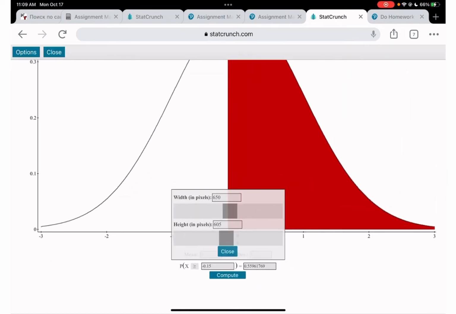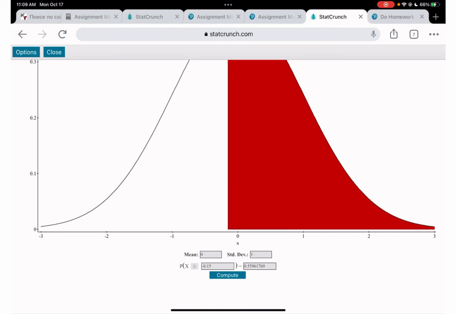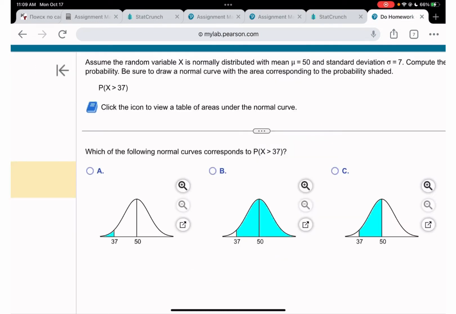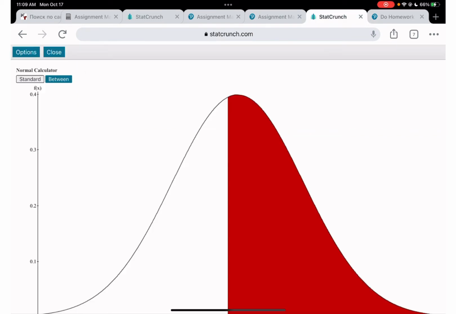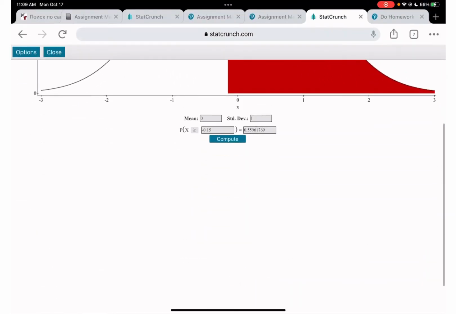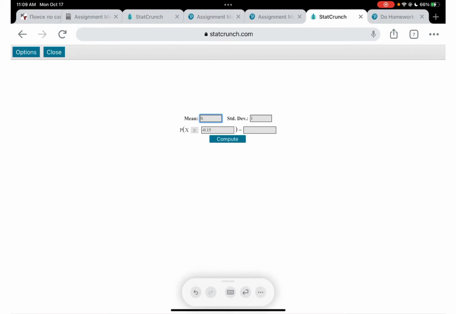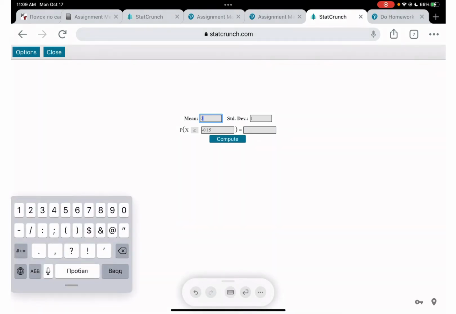And we need to find the value of x greater than 37.